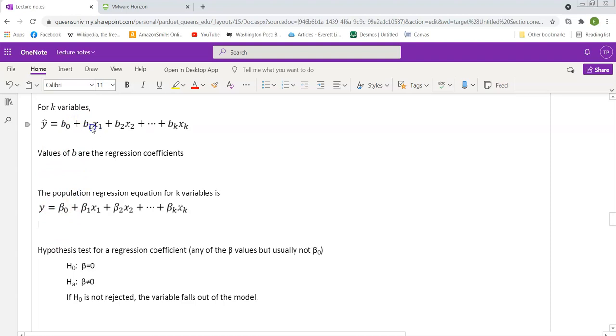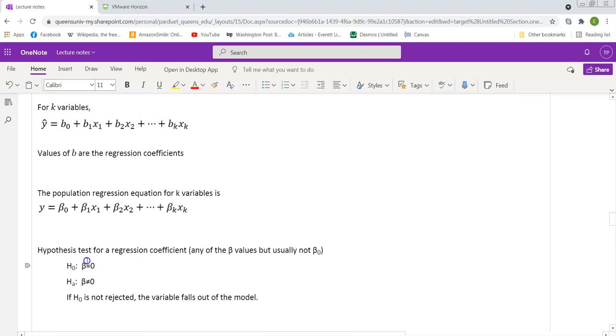But otherwise, if we look at each one of these coefficients, if that coefficient in the population were 0, so if, for example, beta 1 were 0, then this term is 0 times x1, which means that this whole term falls out of the model, which means that x1 would not be a good predictor for y. So x1 would not belong in the model.